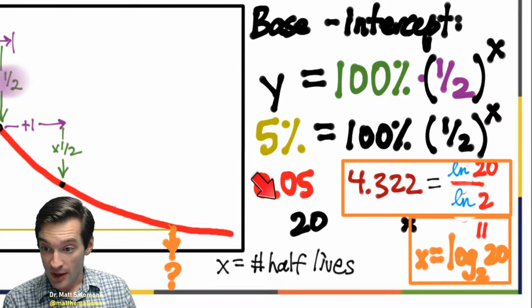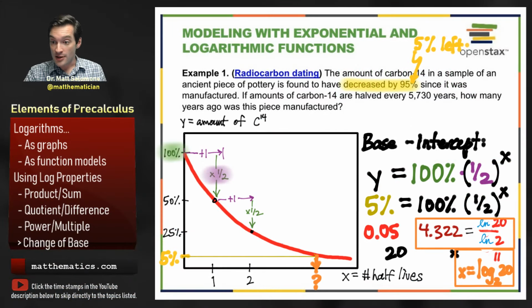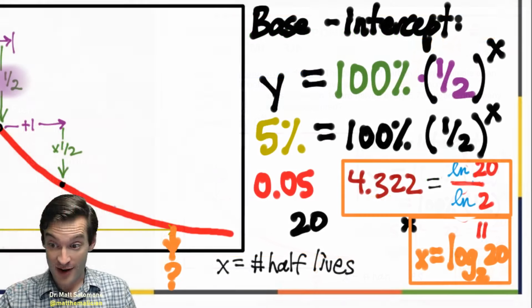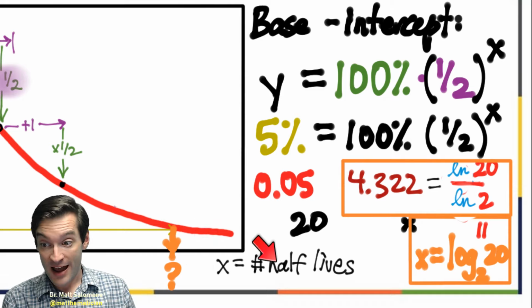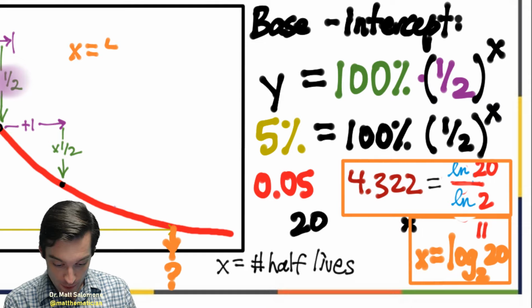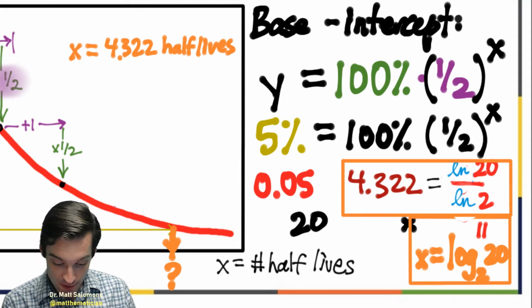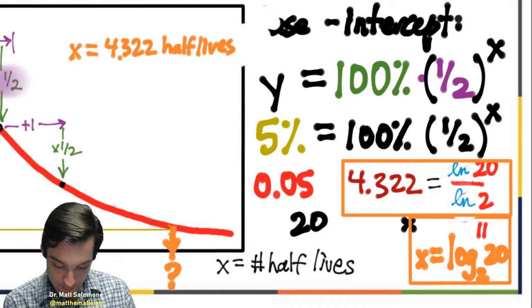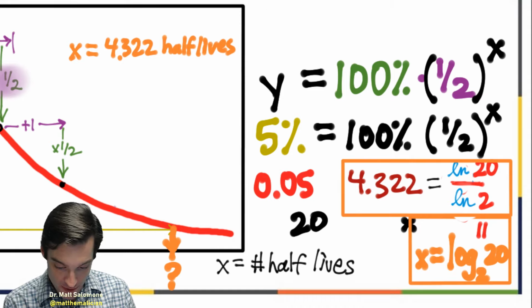But in order to answer this question, remember the question asked how many years old was this piece? How many years ago was it manufactured? And in our problem, x corresponds to the number of half-lives, not the number of years. So all we need to do is a quick unit conversion. So if x was 4.322 half-lives, then to get the number of years out of this, what I want to do is multiply that 4.322 by a unit conversion factor that can tell me the relationship between years and half-lives.